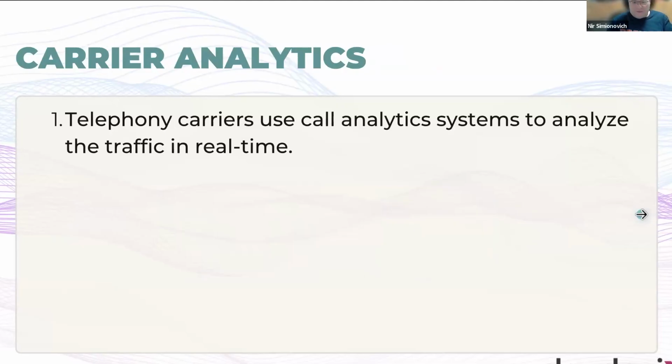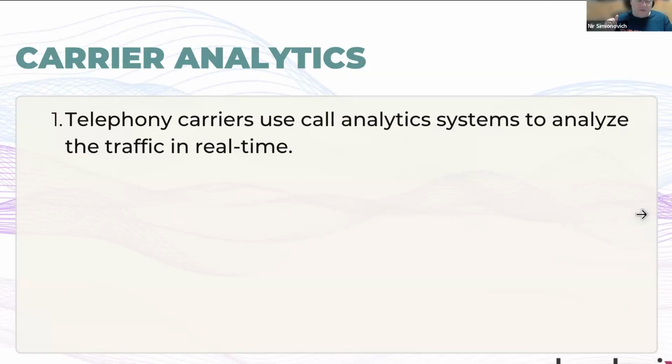Now, one thing that we need to remember, by the way, if anybody has questions, just ask them. What we need to remember is that the telephony carriers have analytic systems and they analyze their traffic in real time. And what that means is that they count the number of attestations per origin number and the number of attestation levels.